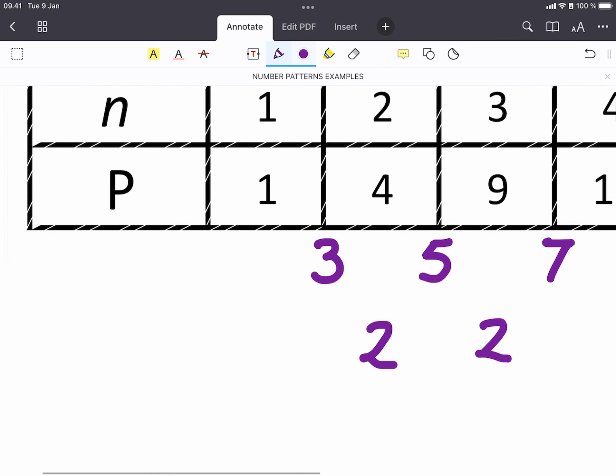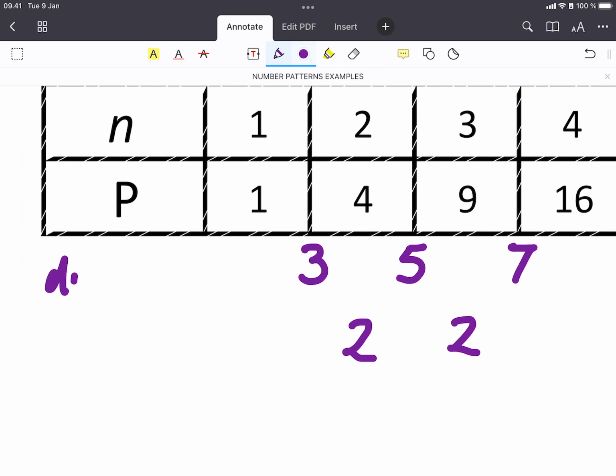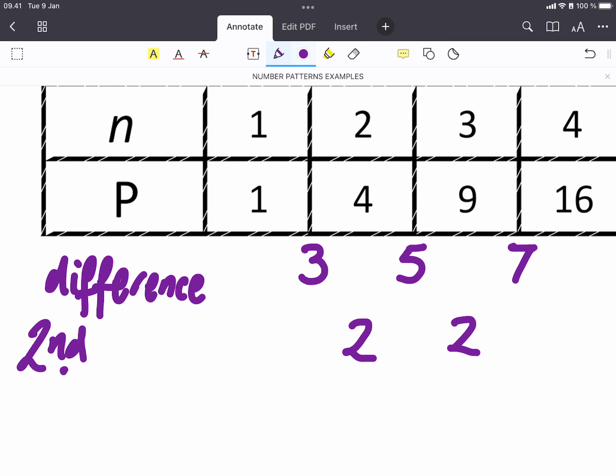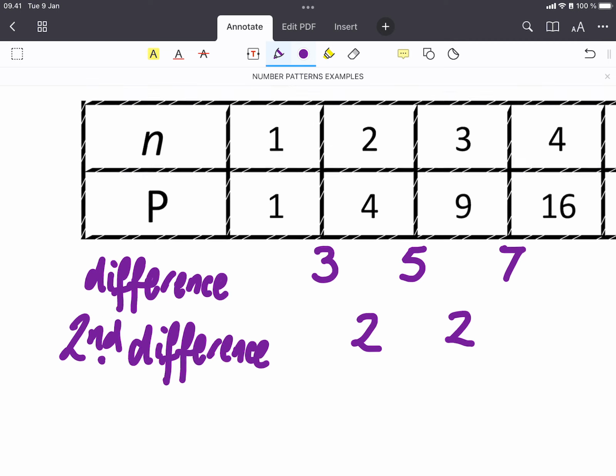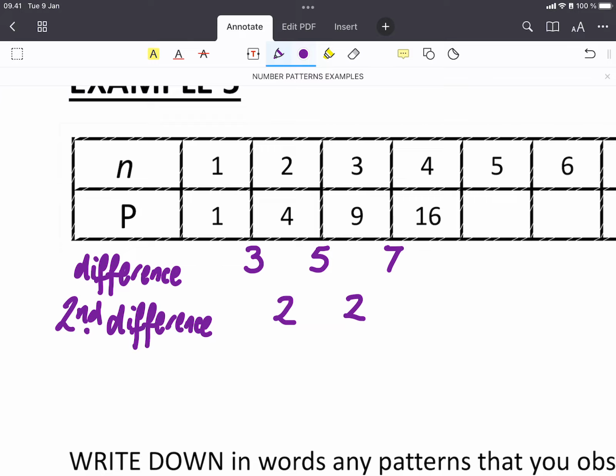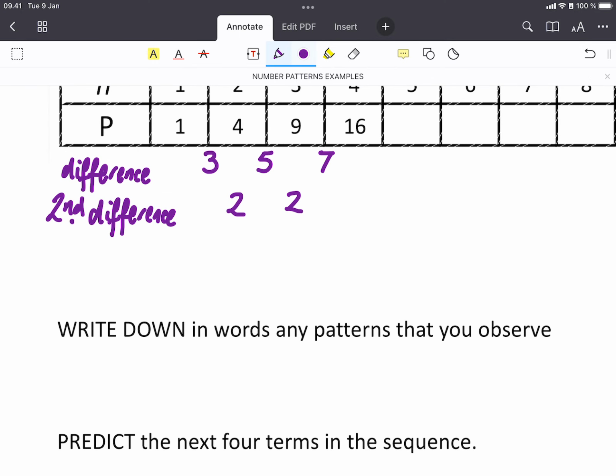So I'm going to call those the difference between the terms, and then the second difference, which is a piece of terminology that you can use. So write down in words any patterns that you observe.